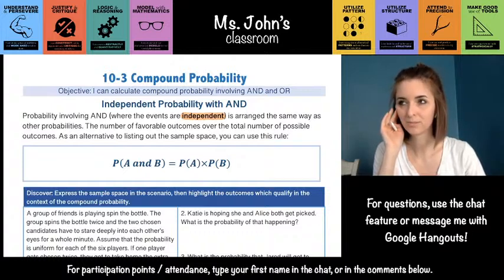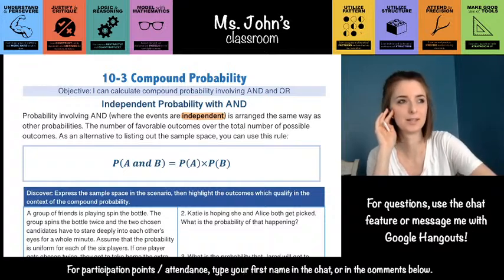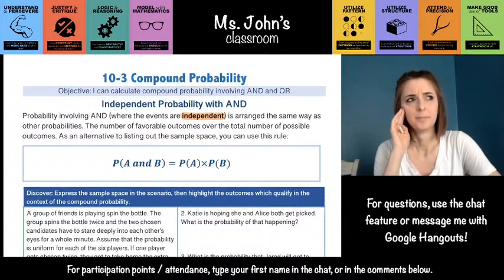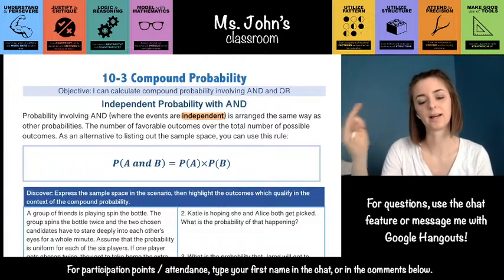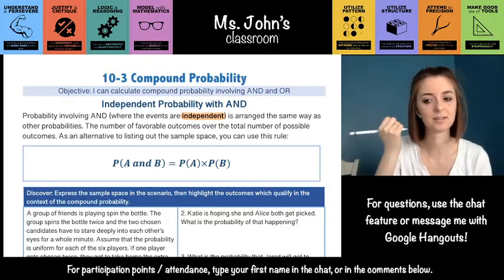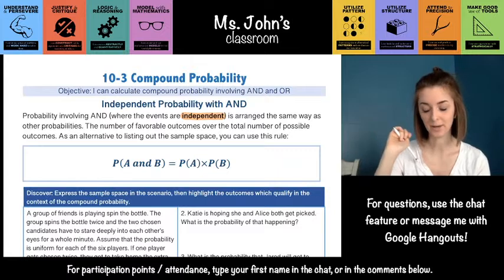You can't do the same math for two independent events as two dependent events.